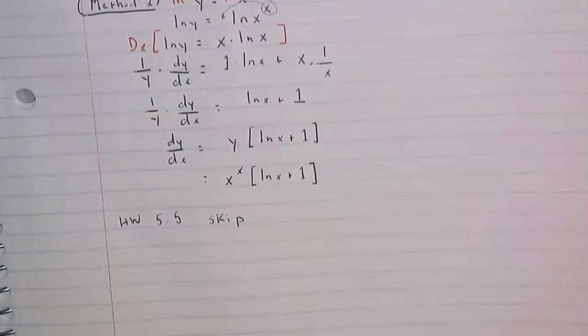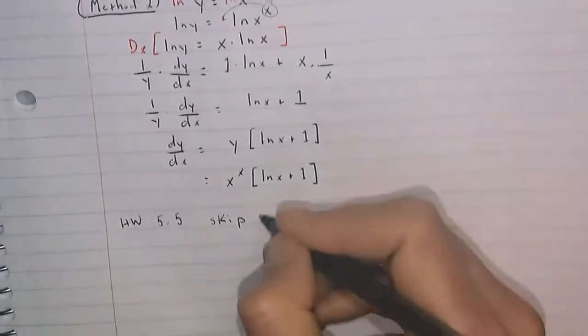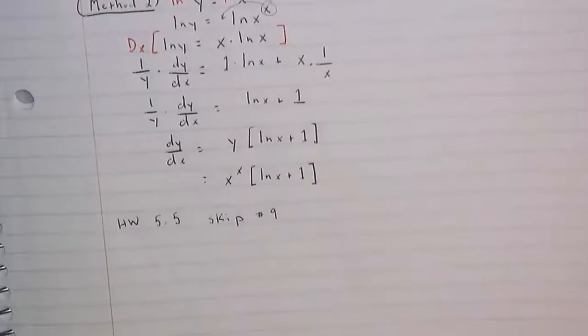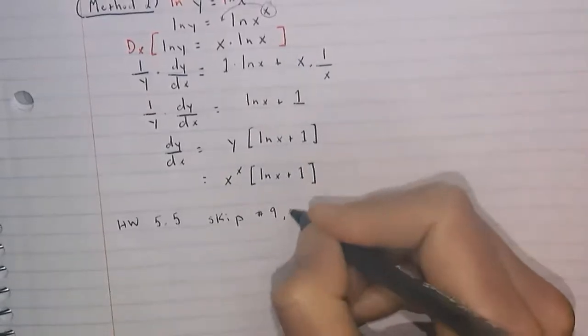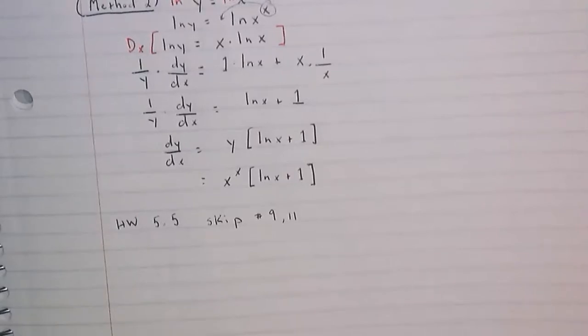Edgar, I said you could come in. Come in, bro. Skip number 9. Skip number 11. Oh, 15, now you're doing that one for sure. 21, we're good. 31, do we need to do that?